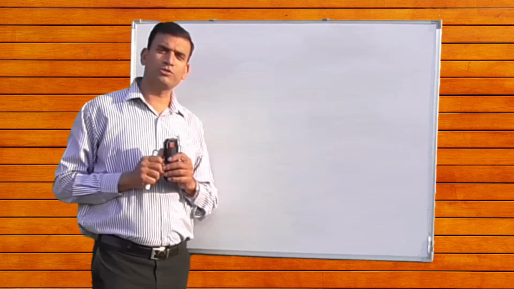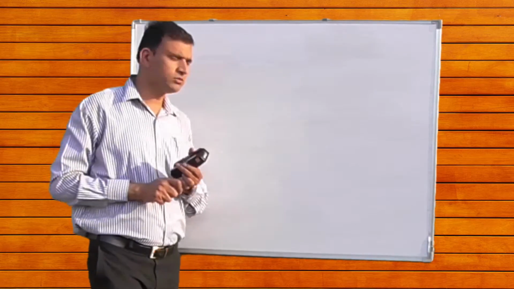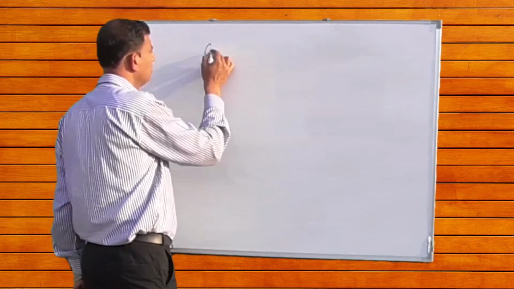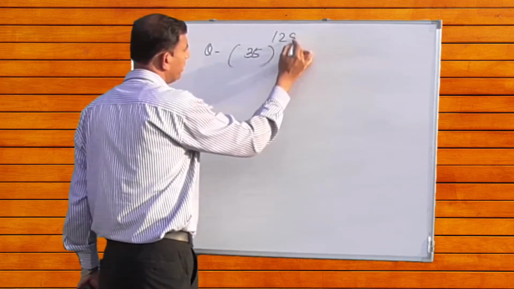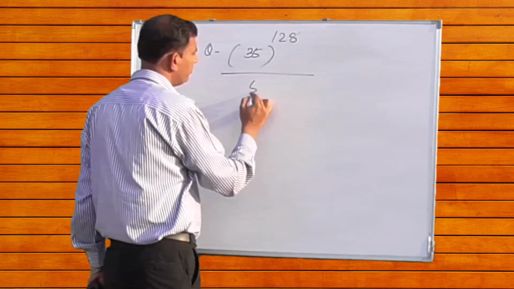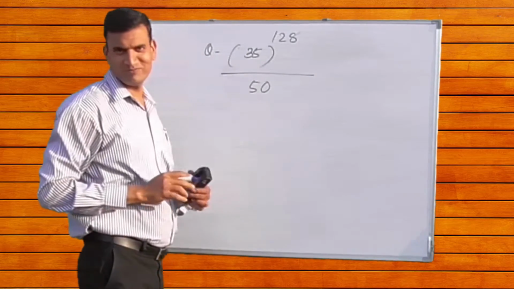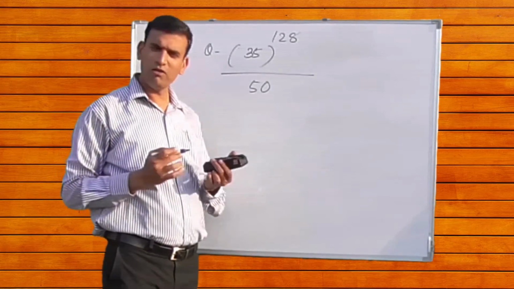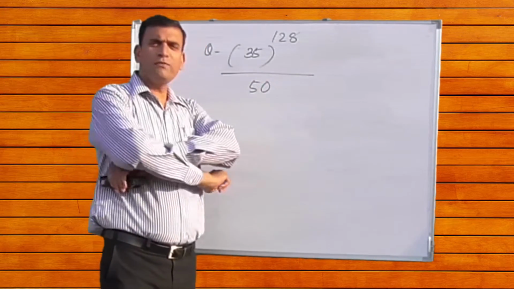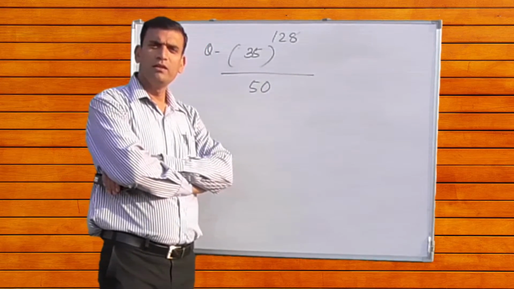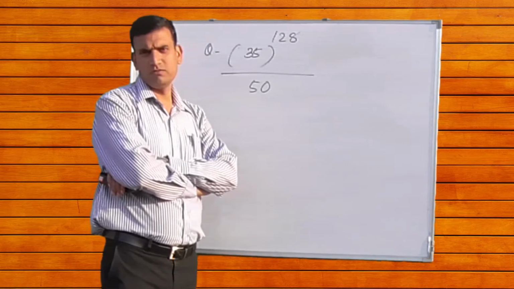Example number 3. I'll give you another question. Let us suppose the question is 35 to the power 128 divided by 50. How will I find it? 35 to the power 128 we can write in different ways.